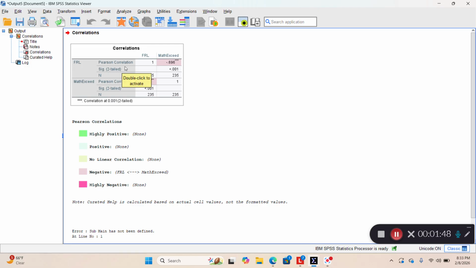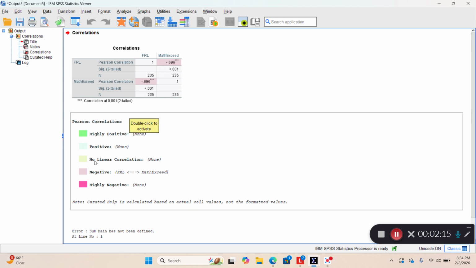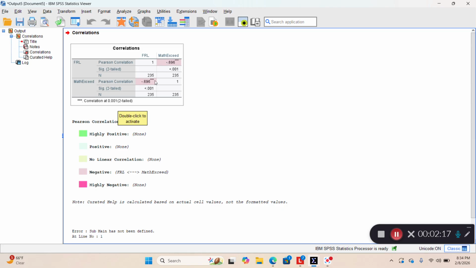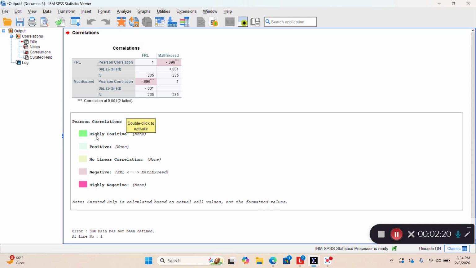Okay, so here's our Pearson correlation between free and reduced lunch and math exceeds percentage. We have a correlation of negative 0.696. That shows that we have a statistically significant negative correlation between free and reduced lunch percentage and math exceeds. That is correct because of the color key here in the color chart, which shows a negative correlation.